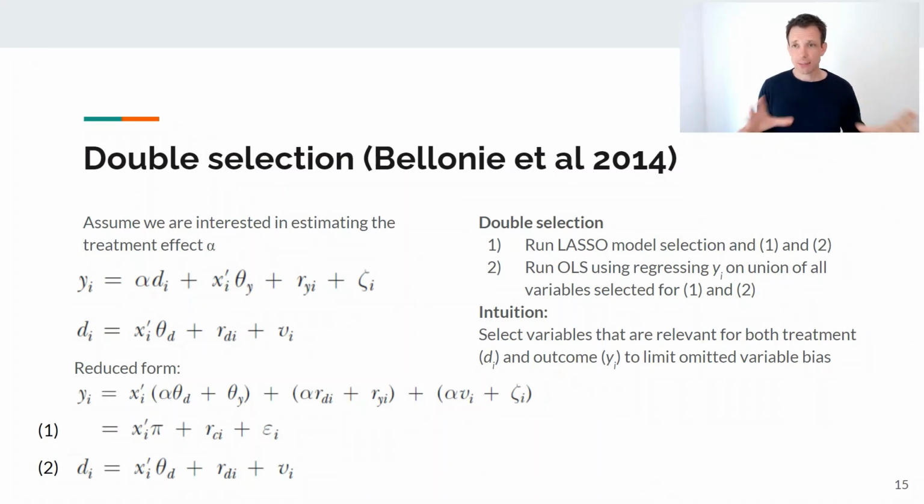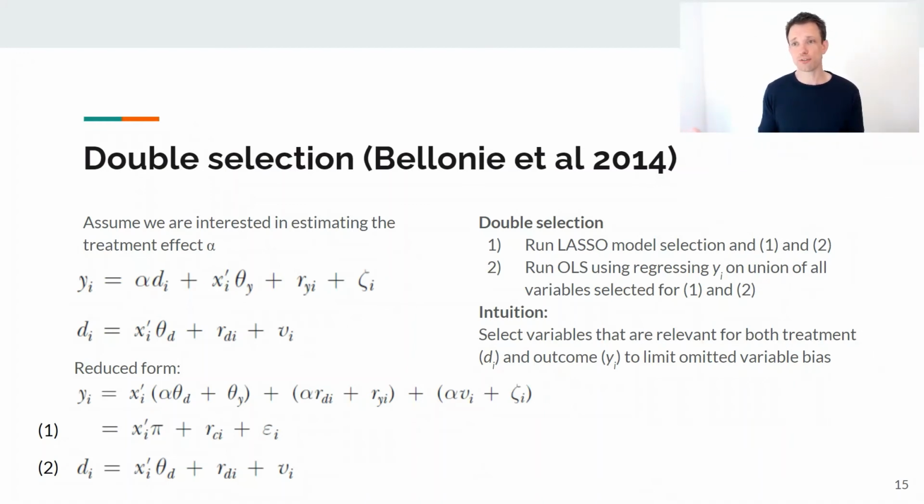Let's come back to our wage example. Let's say we are interested in estimating the causal effect of work experience. We are not interested in anything else. We are only interested in the causal effect of work experience, and then this work experience would be our treatment, so to say. So we want to know to what extent wage changes for an additional year of work experience.